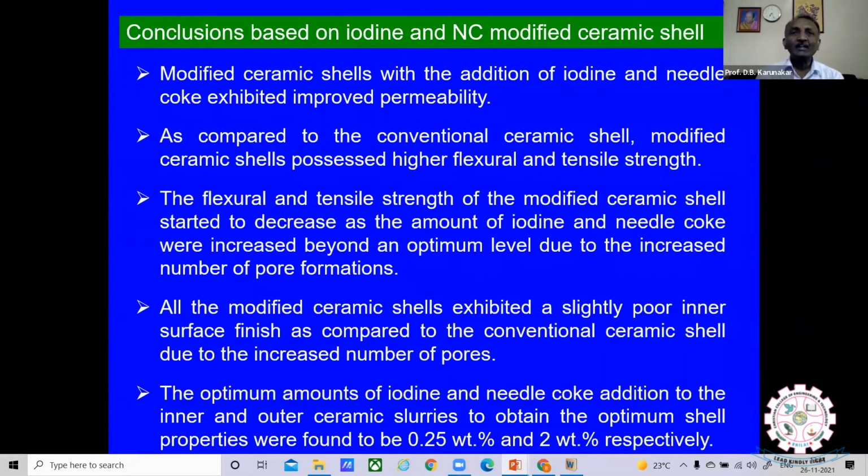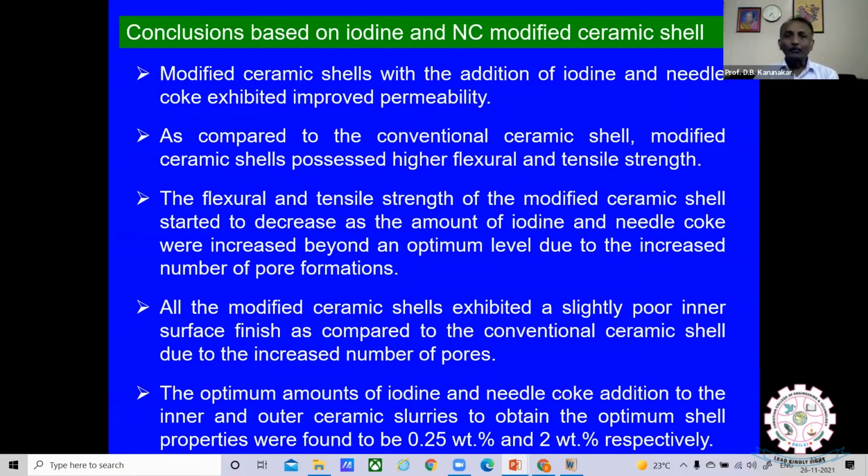As we increase the iodine content, no doubt permeability will be increasing, but the flexural strength and tensile strength are decreasing. Why? As iodine is increasing, the pores will be increasing, and as the pores increase, the strength will be decreasing. Simple. All the modified ceramic shells exhibited slightly poor inner surface finish compared to the conventional ceramic shell.